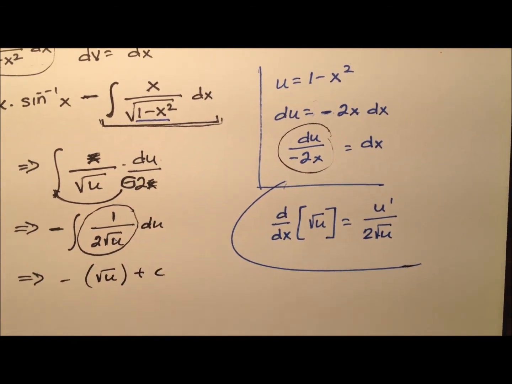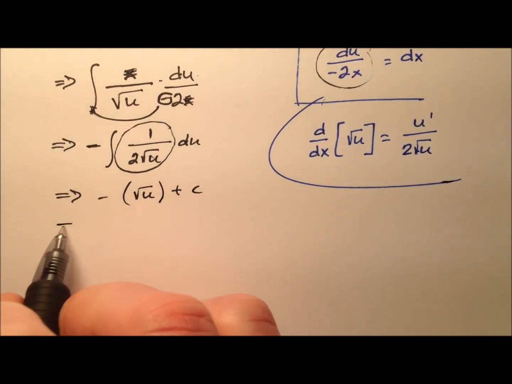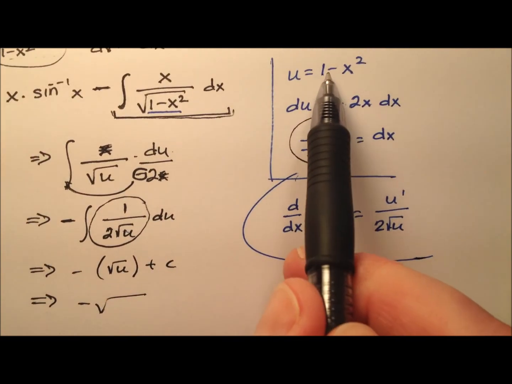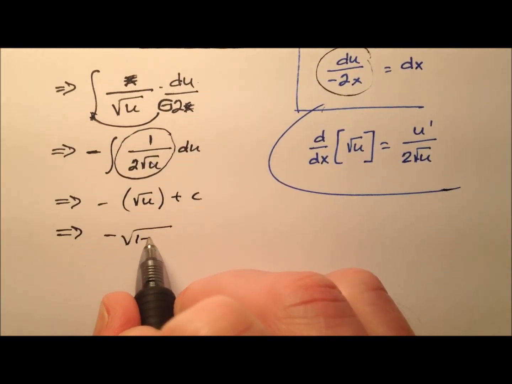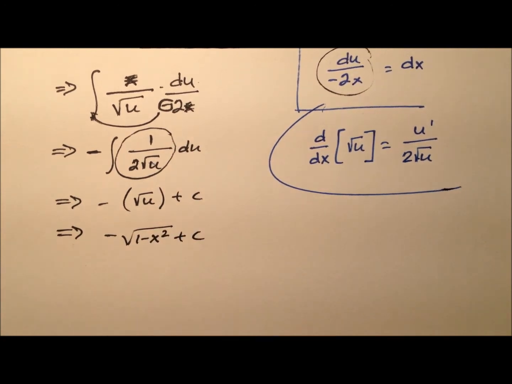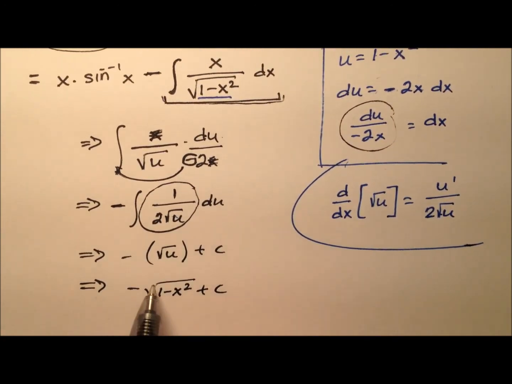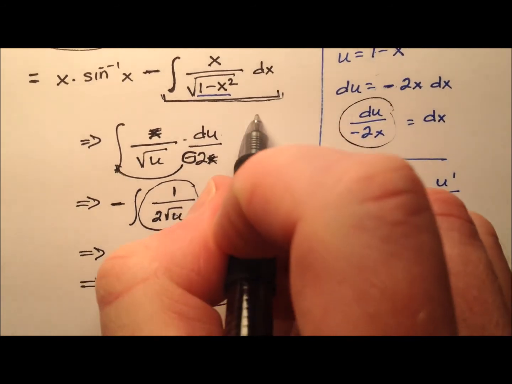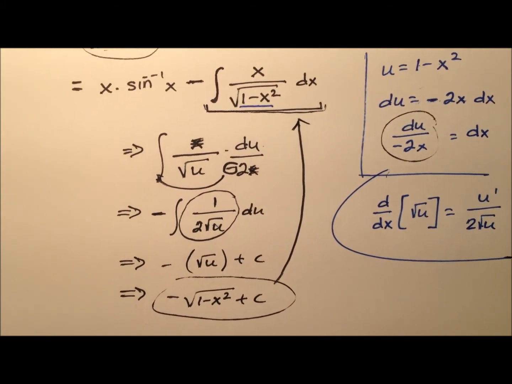And then, of course, you can put your plus c in there now if you like, which that piece becomes, when I replace the u back with my 1 minus x squared, is that right there. Okay, so this little part, this negative square root of 1 minus x squared, and then of course your plus c, actually was this integral part right there.